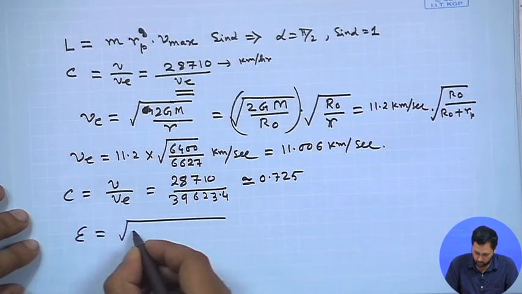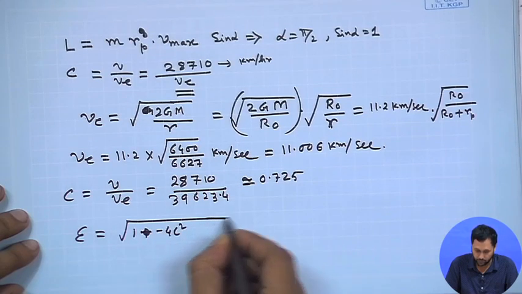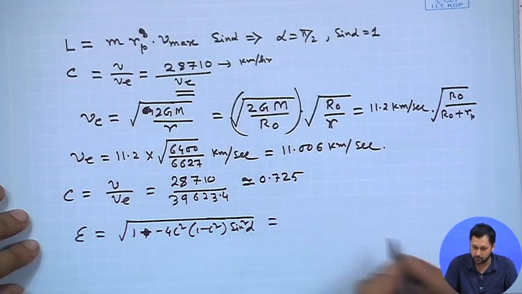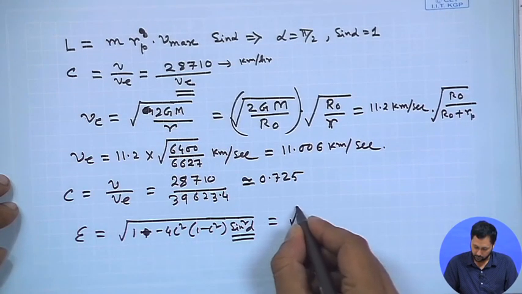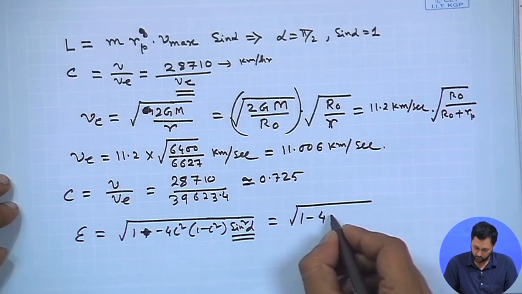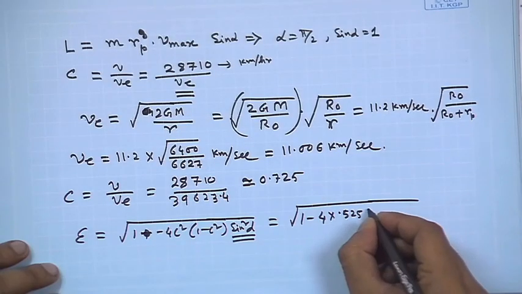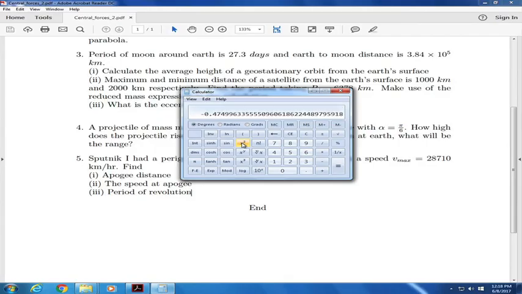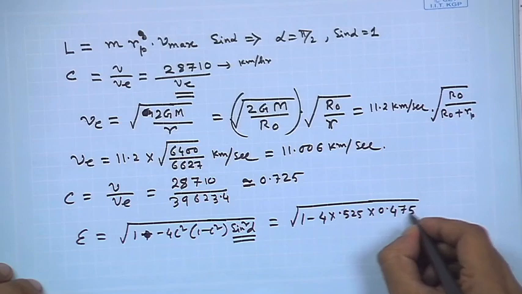Now, epsilon is equal to the root of 1 minus 4 c square times 1 minus c square sin square alpha, right. Again sin alpha will be equal to 1. So, in this particular case it will be 1 minus 4 c square, c is equal to this. So, c square will be 0.525 into 0.525, okay, into 1 minus c square, which is 0.475, okay.